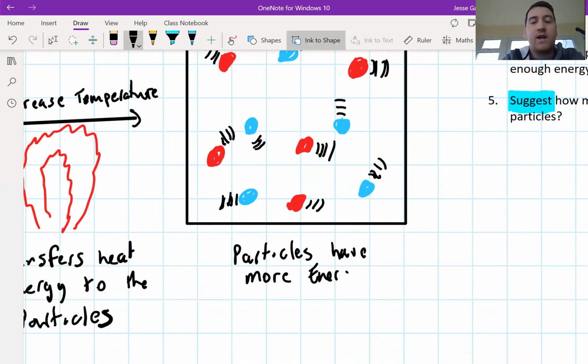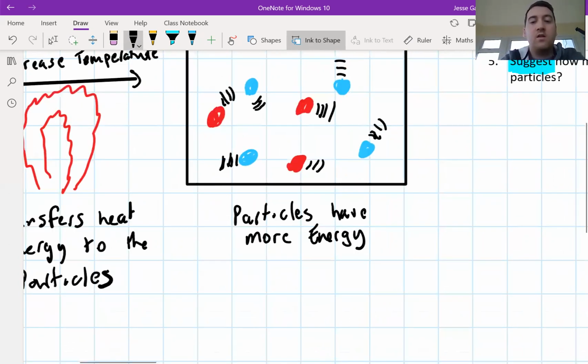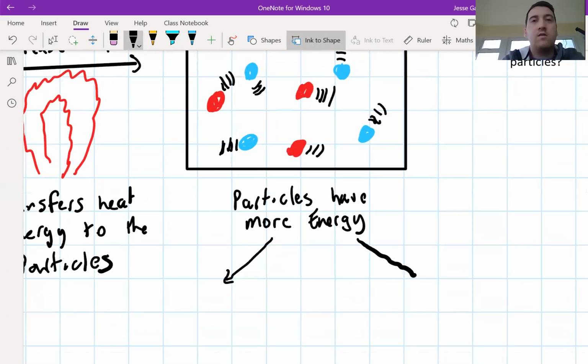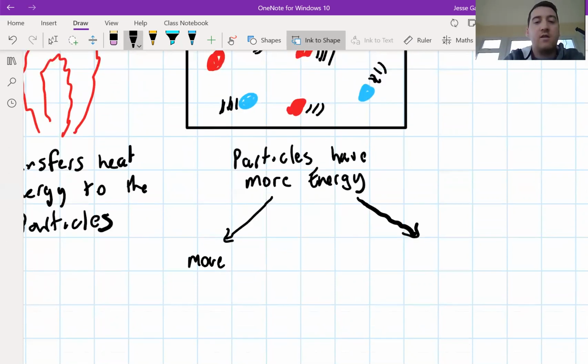It's going to affect the reaction in two ways. Okay, so we've got two arrows here. First of all, the particles, if they have more energy, are going to move faster. If they are moving faster, then this is going to make them collide more frequently.